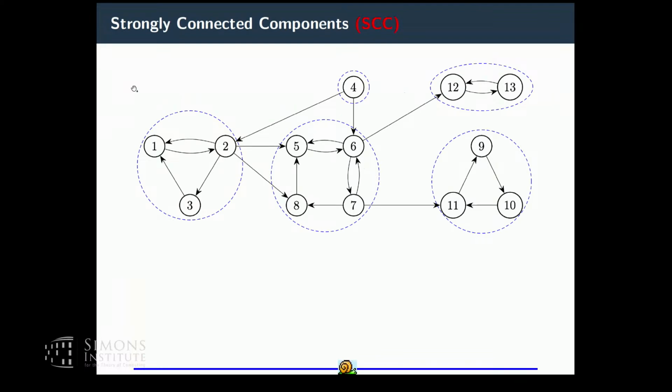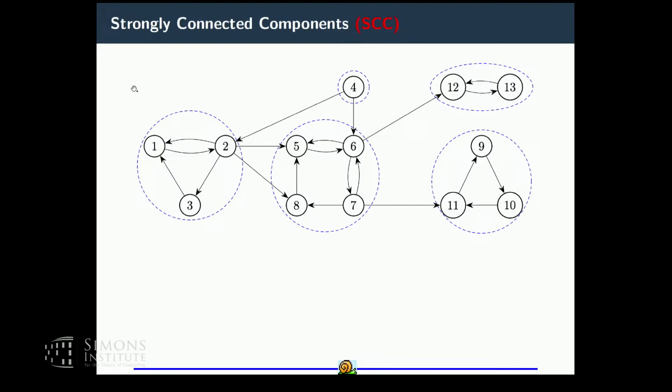And now it turns out that strongly connected components of the directed graph are important. So what does it mean for a set of nodes or vertices in the graph to be connected? It's a directed graph. So suppose I have a vertex A and a vertex B. I have to be able to walk on a directed path from vertex A to vertex B and from B to A. So in other words, a set of nodes is connected if any two nodes are on a directed cycle.